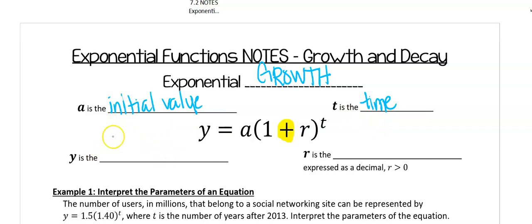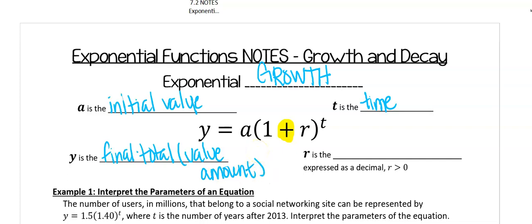Y is still the final value or the final amount, final total value or amount. I like to say all those terms because it really depends on what we're dealing with. Now, R is a little bit different.